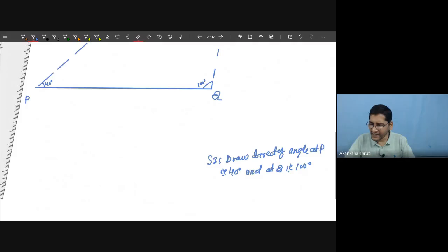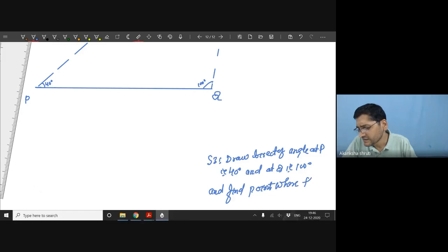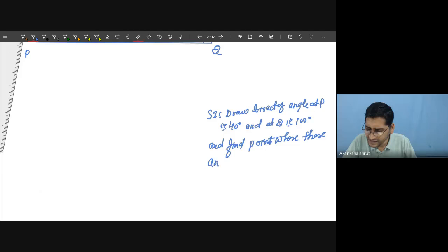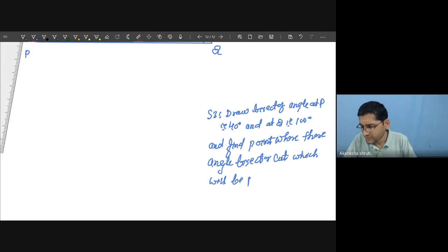You have to draw the angle bisector of both, and with this you have to find the point where they meet, where they cut. The point where the angle bisectors meet will be your point A. Okay, that is the interesting thing.